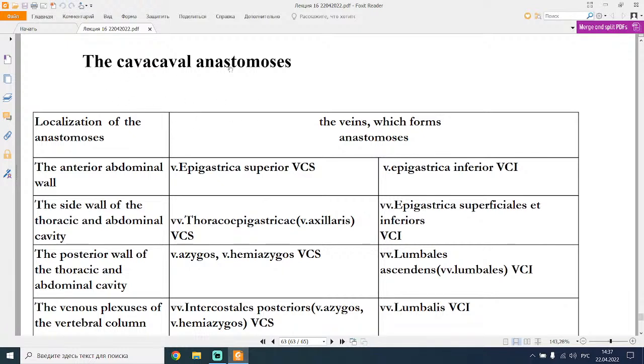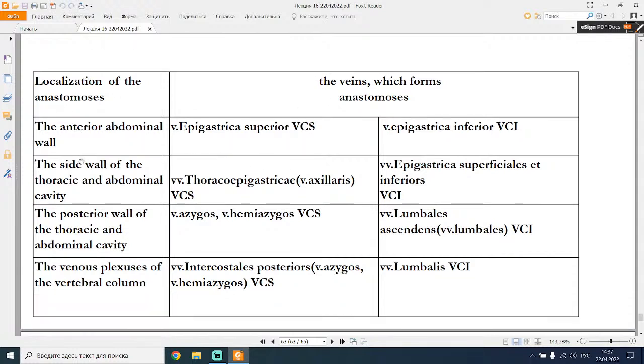You see the cava-caval anastomosis in the table. In the table, write information about cava-caval anastomosis. For example, the anterior abdominal wall: localization of the anastomosis, veins which form the anastomosis: vena epigastrica superior and vena epigastrica inferior.